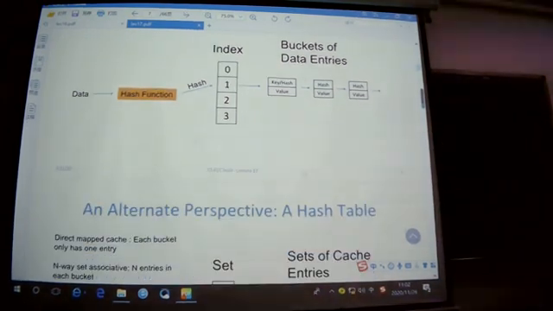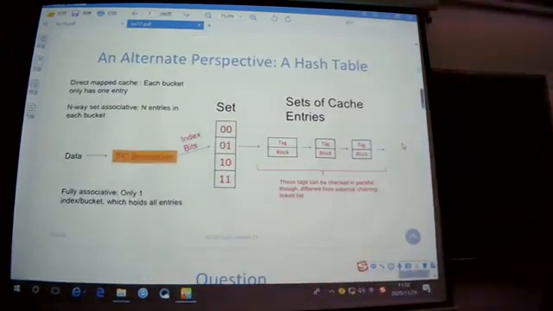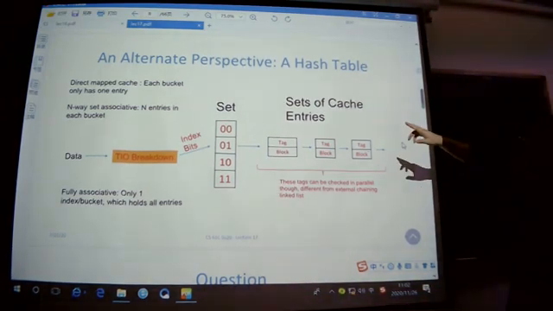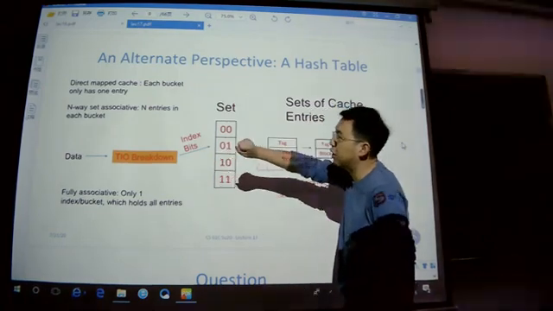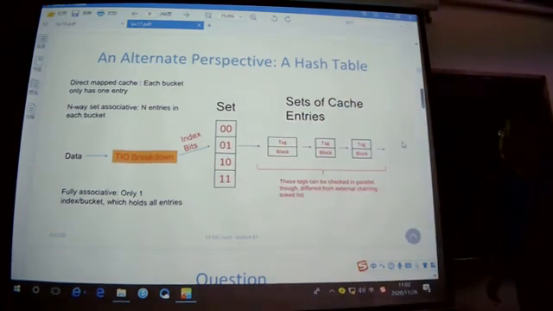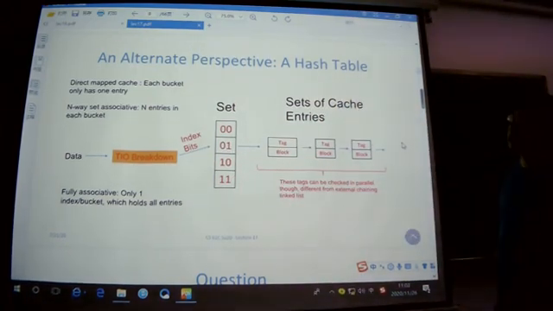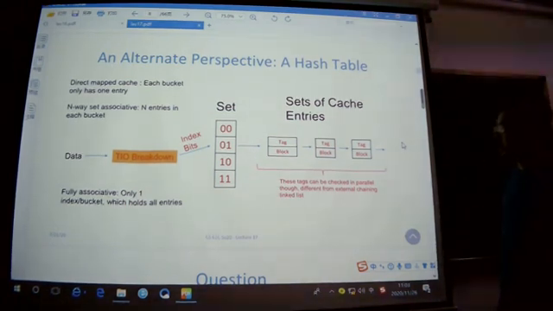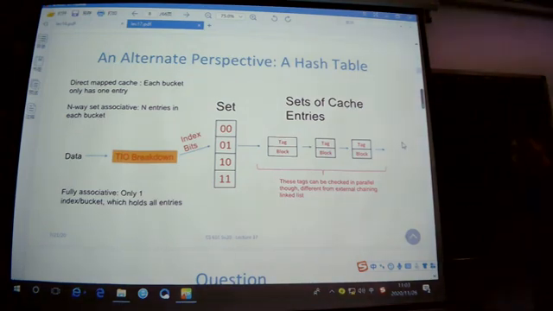Okay, we can find direct map cache. Each bucket only has one entry. And in n-way set associative, we have n entries in each bucket. We have one entry and we have n entries. We like one entry because one entry is simple and the control is simple.